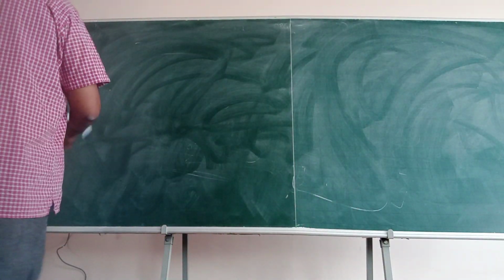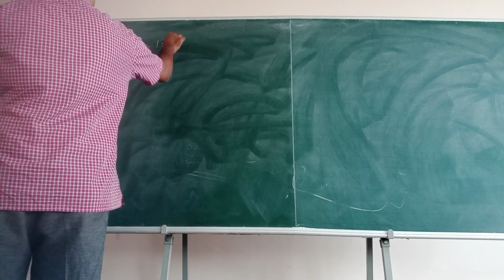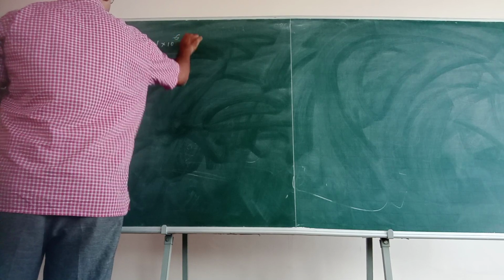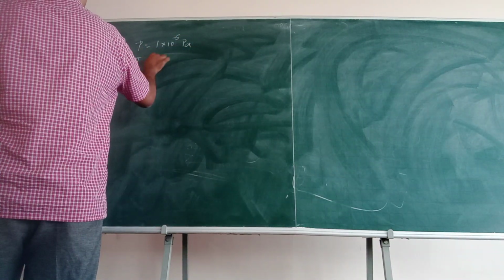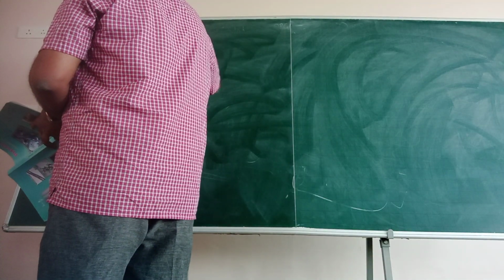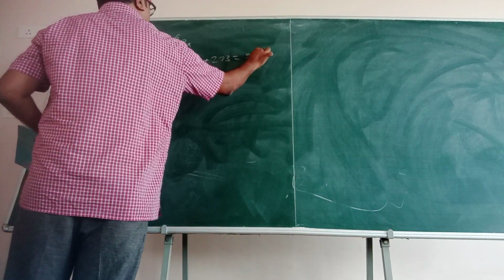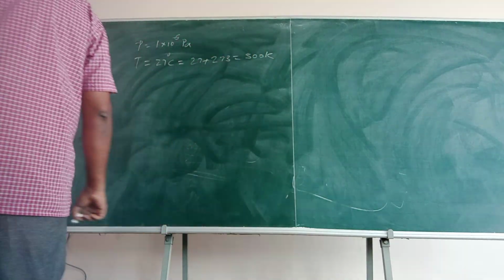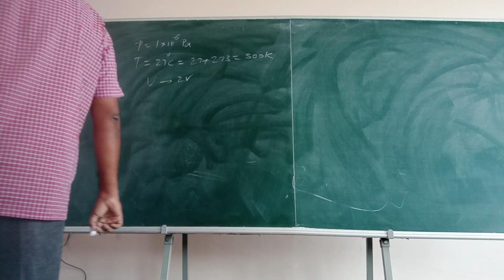Let us write the data. Pressure he has given as 1 million pascals, so 1 into 10 power 6. Temperature he has given as 27 degrees Celsius, so you should write 27 plus 273, 300 Kelvin. The volume V has become 2V.